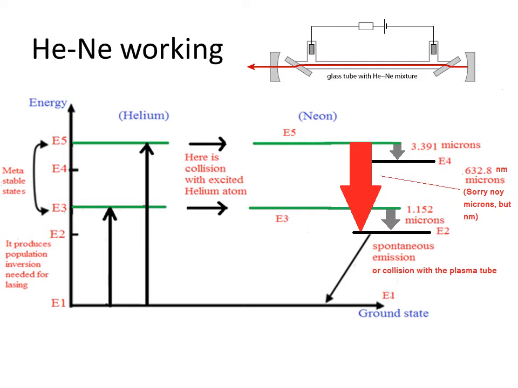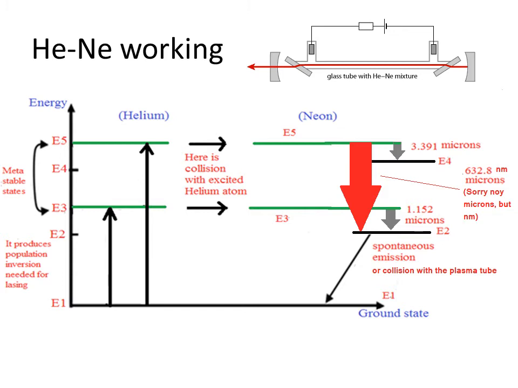The level E3 in the case of helium and the level E3 in the case of neon are both almost at the same value. Then we have an energy level E4, which is drawn only in the case of neon. Above that we have energy level E5, and in this case also E5 in helium and E5 in neon are almost at the same level.